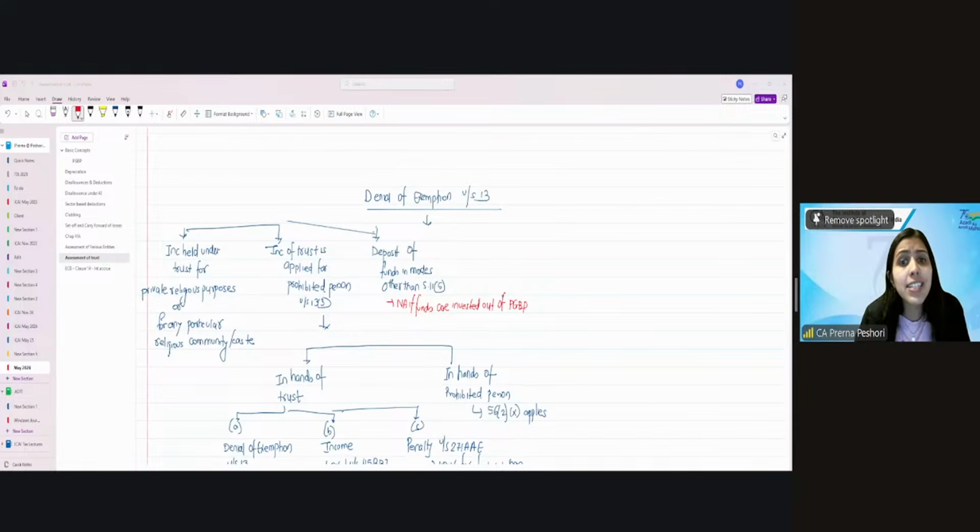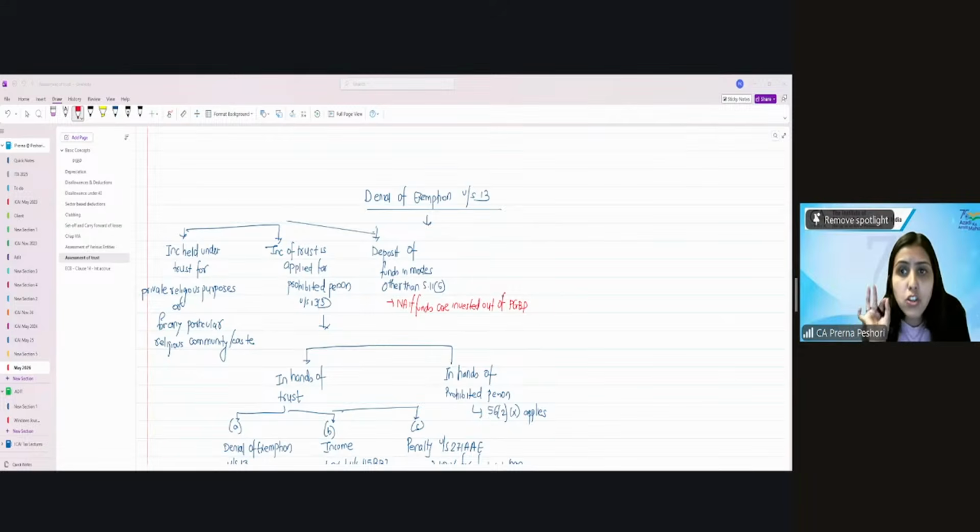However, if a trust has income in addition to the PGBP and you're not maintaining the separate books of accounts for the business, then in that particular case, the exemption will be denied.